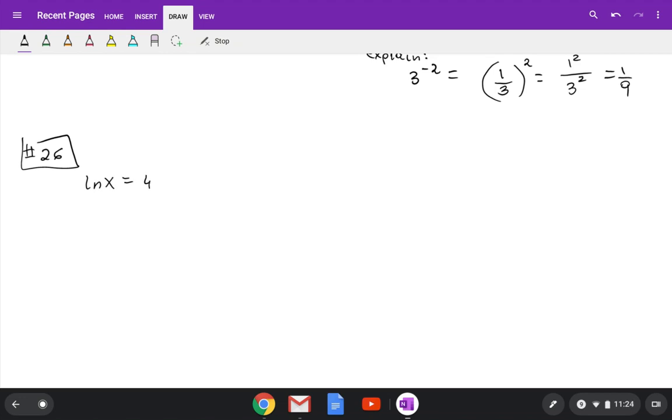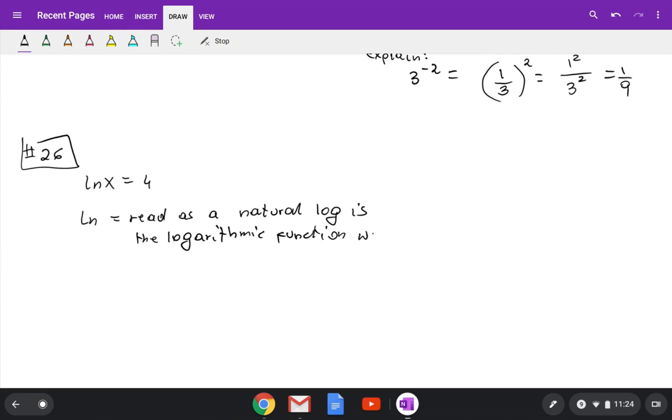So I want to explain that ln is read as natural log, which is the logarithmic function with base equal to e, okay? And we know e from exponential functions: it's an irrational number, about 2.71.